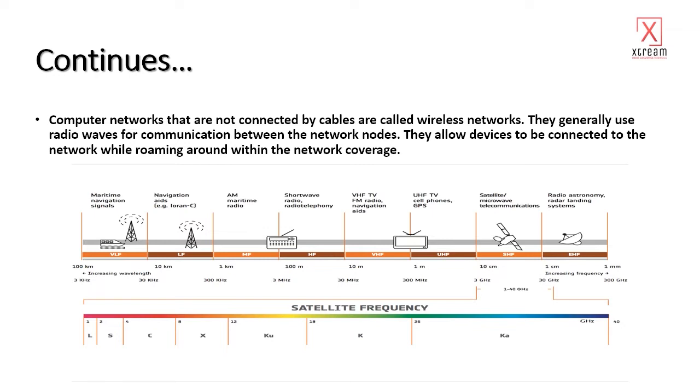From 30 to 300 kilohertz we can use it for navigation aids, and from 300 kilohertz to 300 gigahertz we can use it for short radio waves, FM radios, AM radios, UHF and VHF TV signals, satellite and microwave telecommunications, and so on, like radio astronomy and radar landing systems.